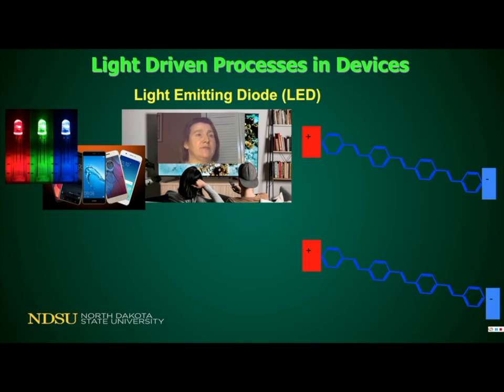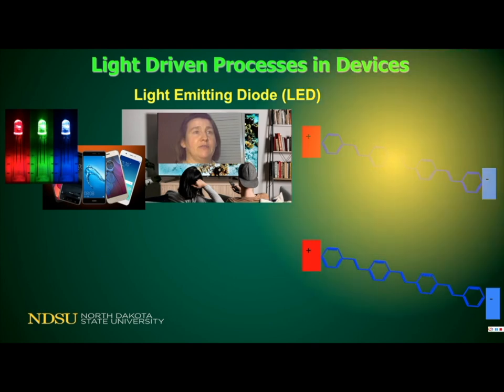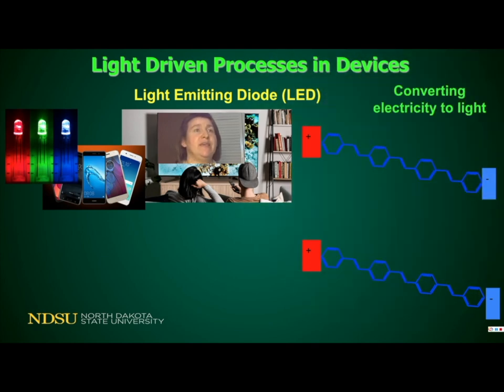As soon as this material is connected to the power, we're creating a voltage on the different sides of this molecule, then positive and negative charges start attracting to each other, moving towards each other. When they meet, they annihilate with the creation of an electromagnetic wave, which means that they emit light. In this device, the electricity is converted to light.